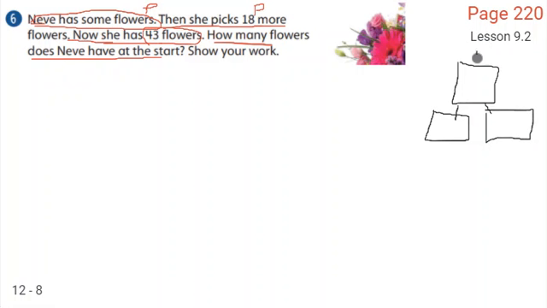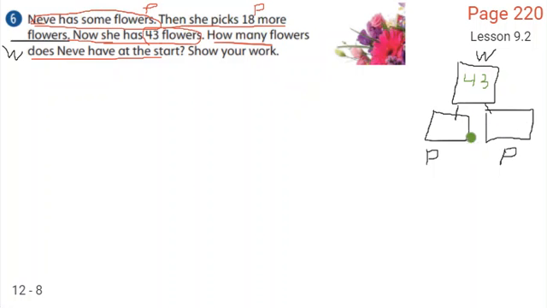So we have our whole, which is this right here. That's the whole. And then we have a part and a part. Because that's how many she has right now. Let's fill this out. So she has 43 flowers. And then one of the parts, she has 18.